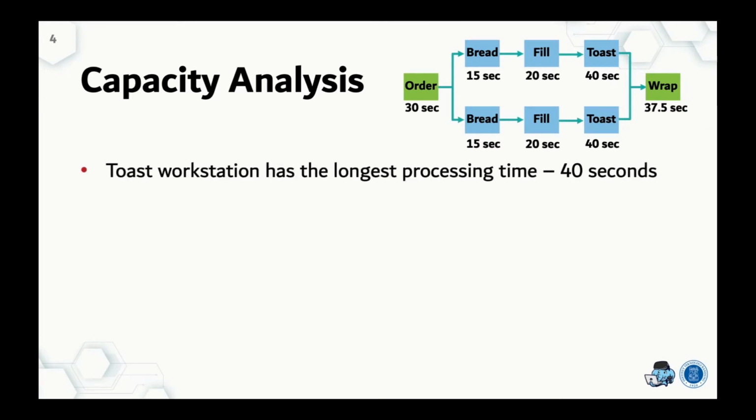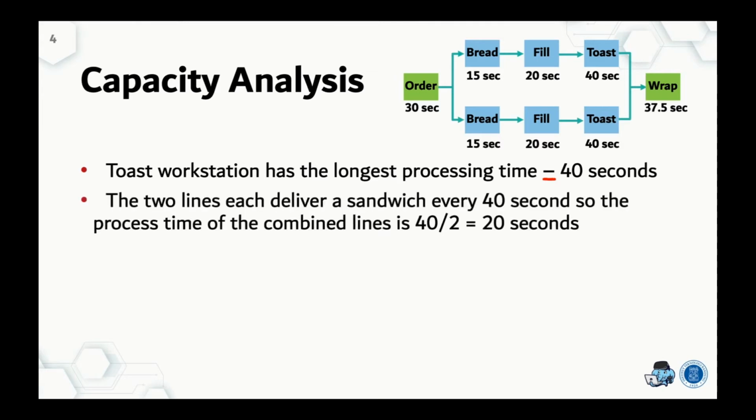The toast workstation has the longest processing time, equal to 40 seconds, as we see here. But since there are two parallel lines, with two persons in charge of both of these lines, the process time of the combined lines is equal to 40 divided by 2.